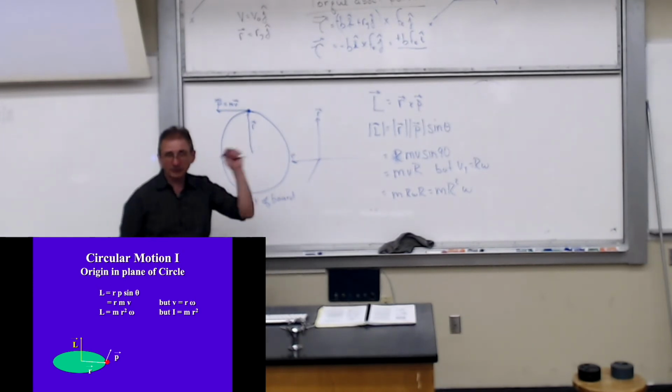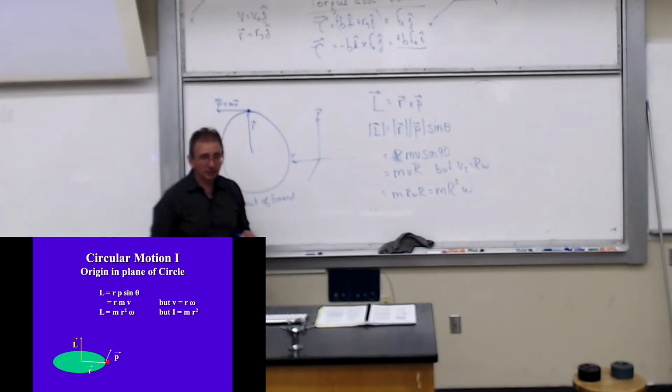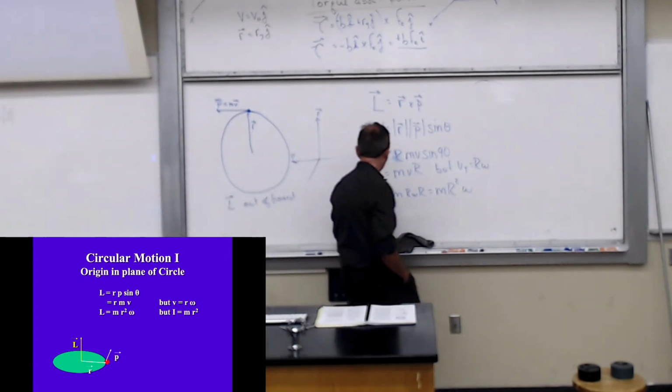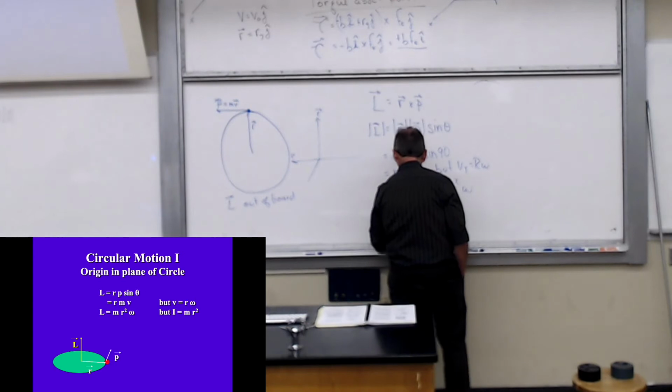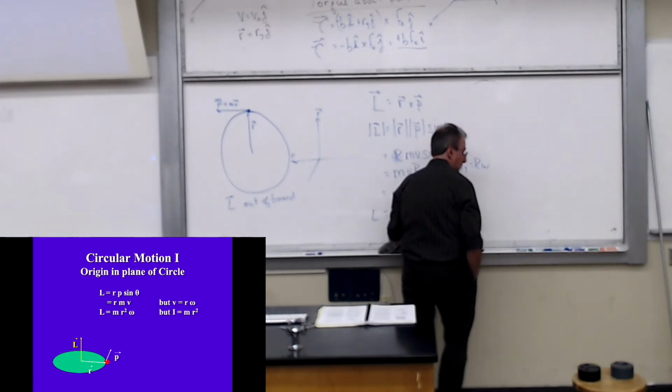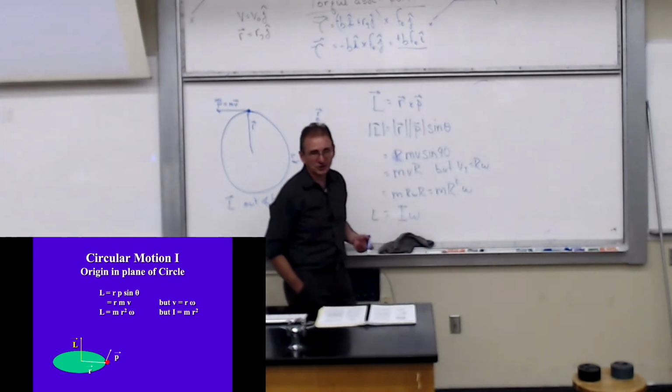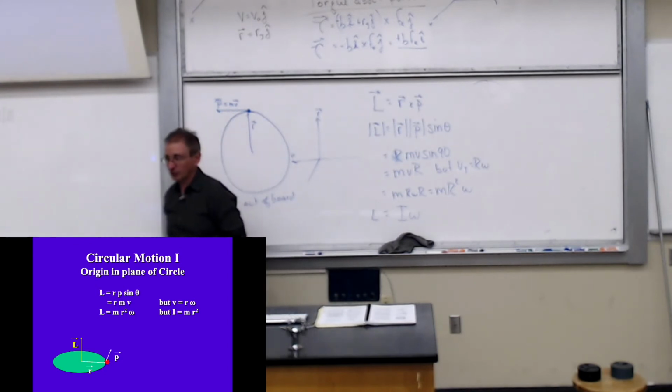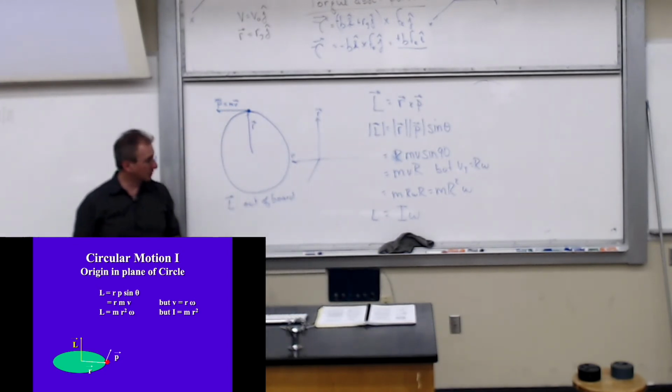It's the moment of inertia of a point particle, right? So we can write angular momentum as I omega. I'm not proving it in general, but you can see for a point particle, it's mr squared omega, where mr squared is the moment of inertia. But in general, the angular momentum is I omega.